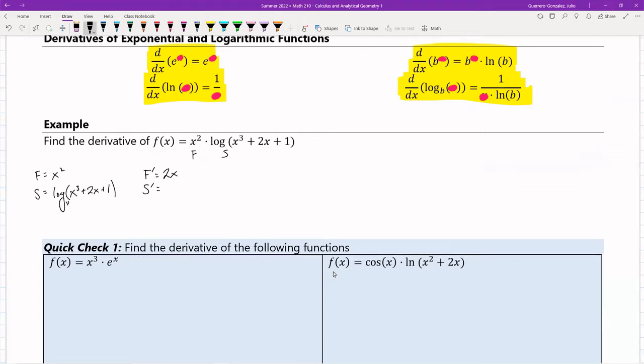And we know that this is log base 10. Since it's not written, we can assume that it is log base 10. So we have, according to our rule, 1 over the thing in the parentheses, so x cubed plus 2x plus 1 times ln of 10, right? And since this right here is a chain rule, I have to multiply it by the derivative of the inside, which is 3x squared plus 2.